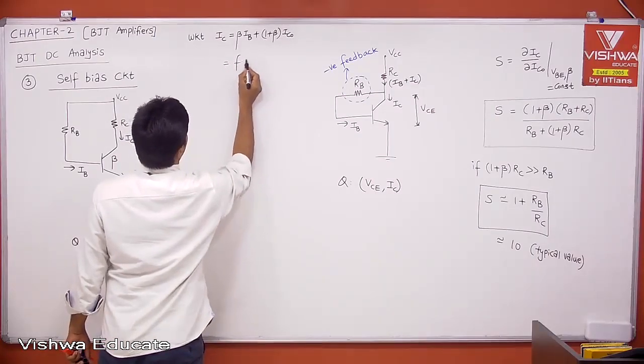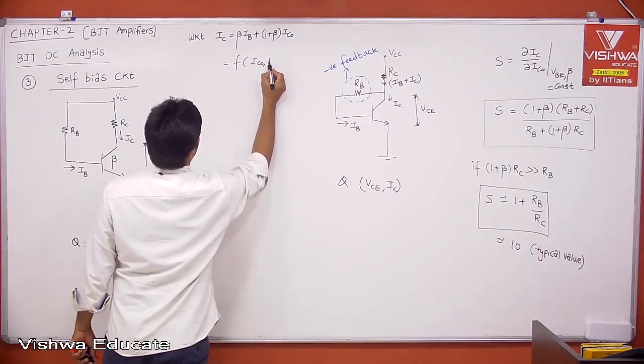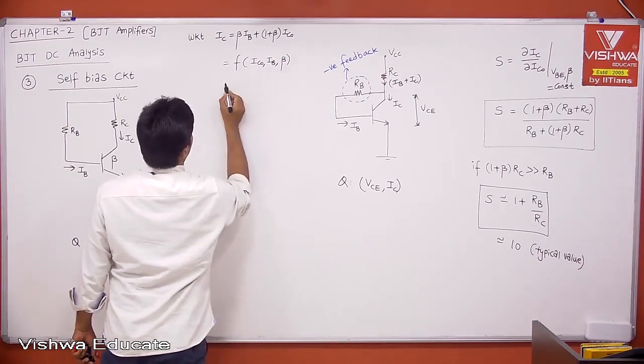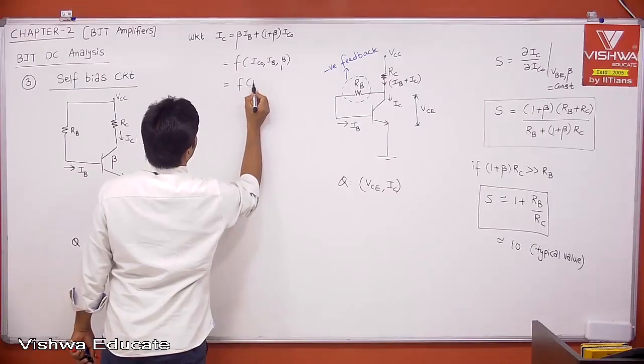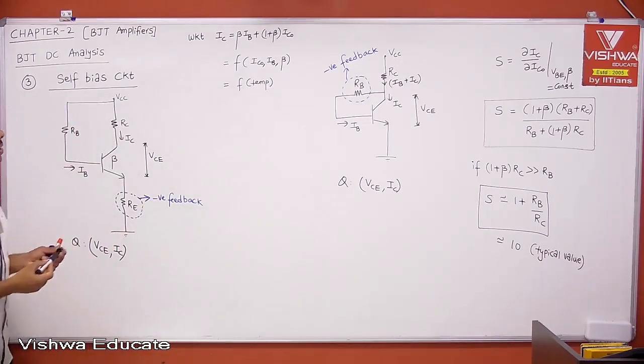It is a function of ICO, IB, and beta, and all depend on temperature, right? If temperature changes, your IC also changes.